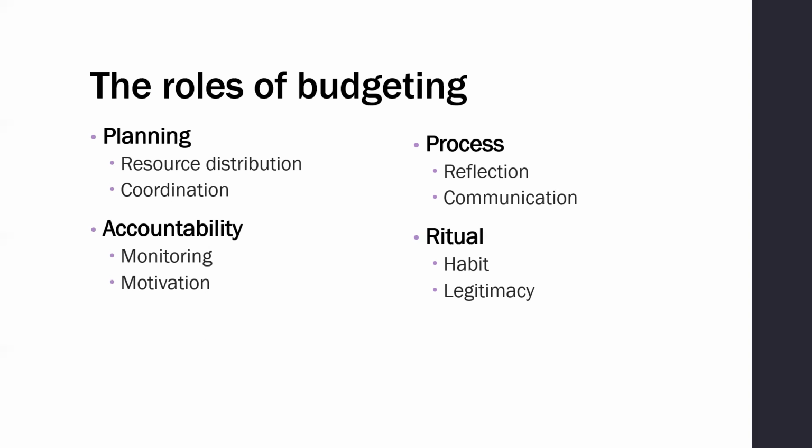Second key role of budgeting is accountability. And this is where control comes in. Okay? So the budget is also a tool for management control. Why? Because the budget can be a way for us to monitor results and to motivate employees in performing their tasks. Okay? So, monitoring, meaning kung may budget, compare mo ngayon yung actuals versus budget.